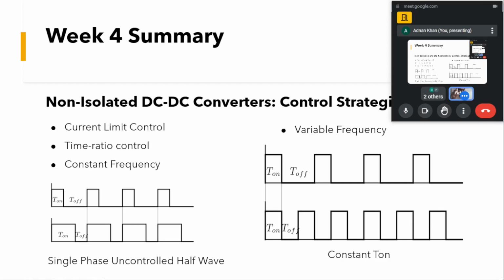So we saw the duty of the converters can be changed in two ways: the constant frequency mode, or time ratio mode, where we change the t on time, or the variable frequency mode, where we keep the t on time constant and only play with the overall time period, by which we are able to increase or decrease the t off time, which subsequently will increase or decrease the duty of the device.